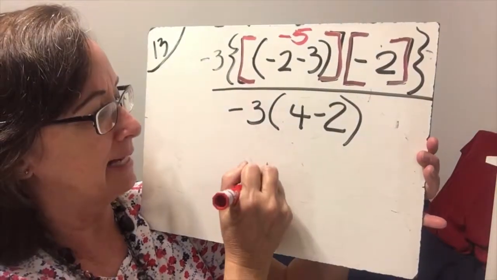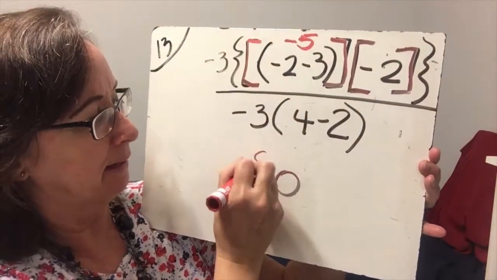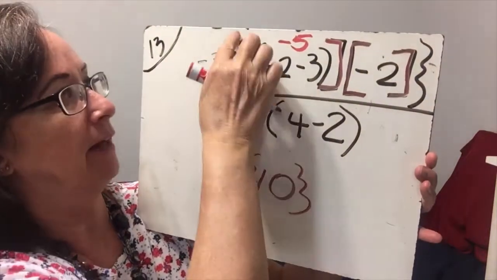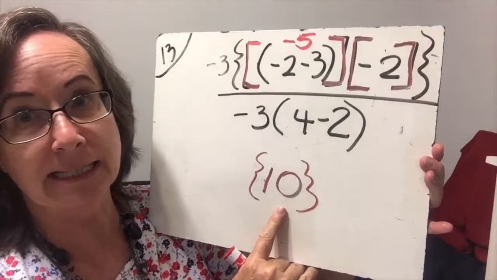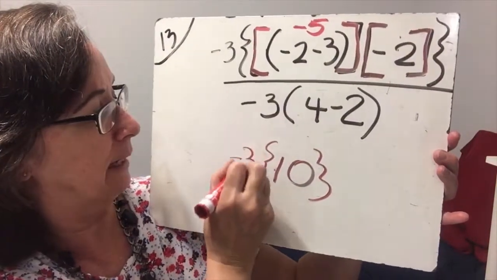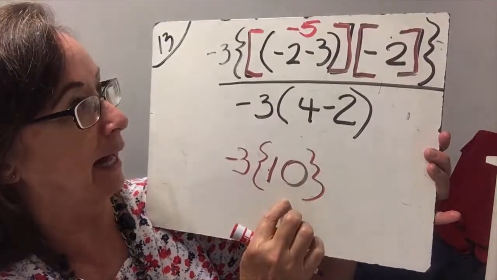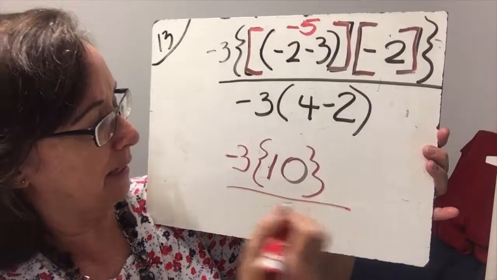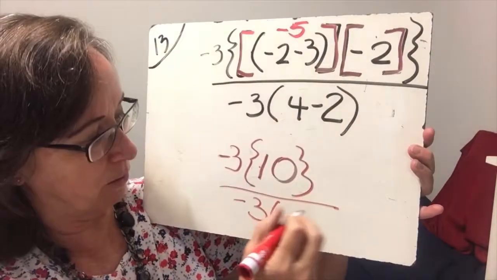So let's take that 10, and starting there, we're going to put that, have we not just done that whole big brace there? And we found out that it was a +10. Okay, so now let's bring this in. So -3 comes in front as multiplied by, and then on the bottom we've got -3 times 4 minus 2.